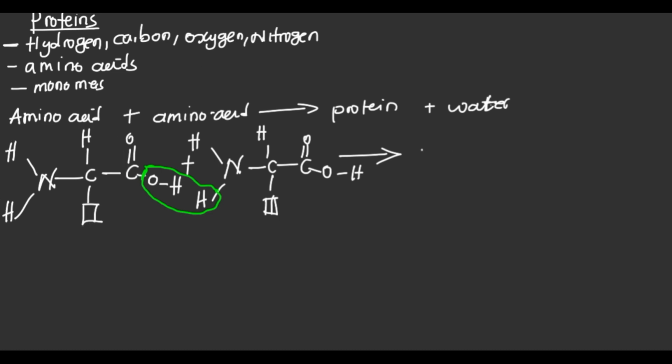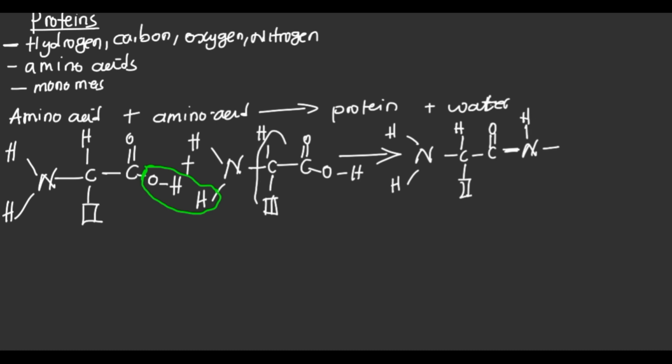We can see that this part here will just be the same. So we have N with two atoms of hydrogen, carbon. Then we have this part here. Then this bond and this bond will combine to give us the full bond, where we are going to have now N, this hydrogen here.